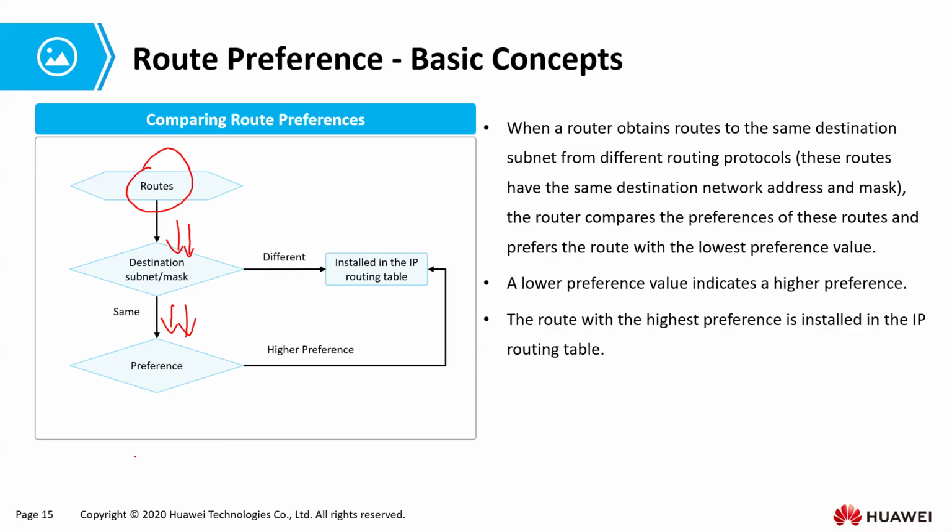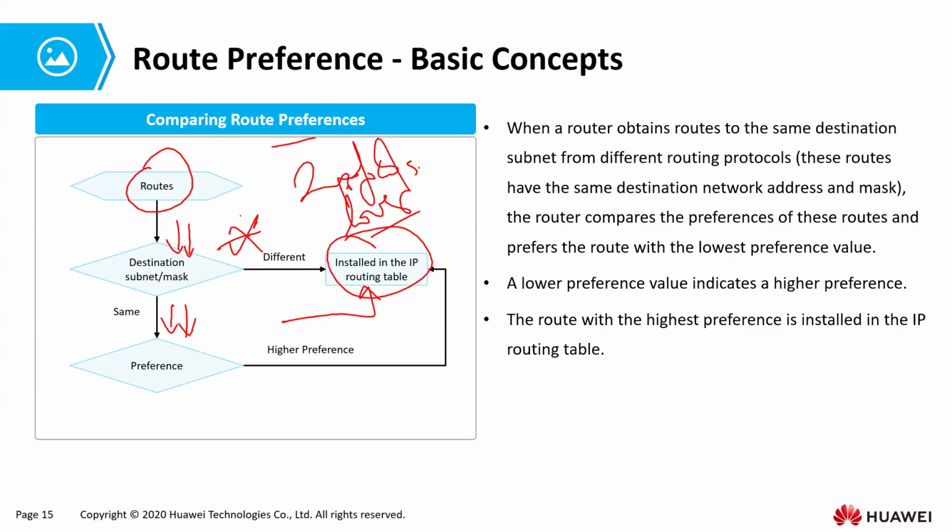If we have two protocols, we compare the preferences, and the one with the higher preference is what goes into the routing table. I think this is a bit confusing, but basically, if we are talking of comparing route preferences, with two protocols, the one with the lower value is what goes into the routing table after comparison.